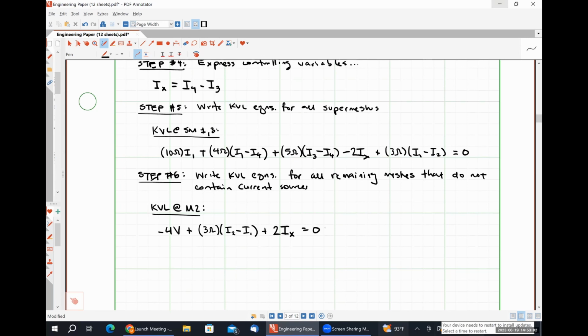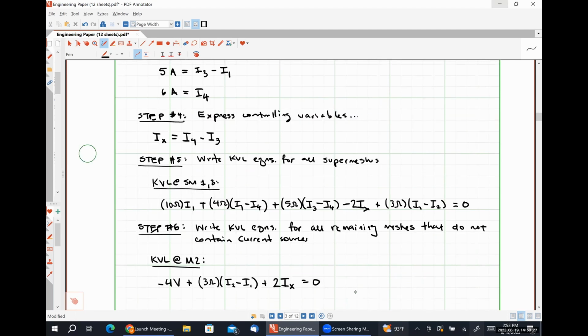Kirchhoff's voltage law is literally just us adding up all of the voltage drops around a closed path. So we want to make sure that we're dealing with voltages specifically. And just to reinforce things, this bit right here is a voltage because it is resistance times current. And as we know from Ohm's law, V is equal to I times R.